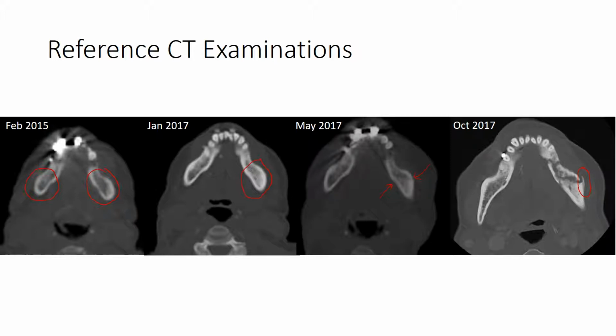So that pattern is compatible with medication-related osteonecrosis. And one more thing, technically the diagnosis of medication-related osteonecrosis, unless they changed it, still requires exposed bone for 6 weeks, and there's a grading system, stages I think 1 through 3 based on symptoms and other things. But there is this notion of stage 0 medication-related osteonecrosis, which is when you have changes on the imaging but no symptoms, no exposed bone.